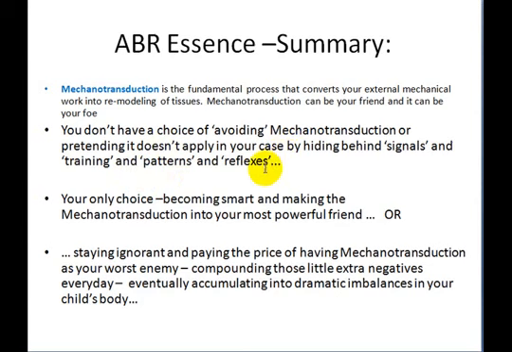Well, these are the electric aspects that exist, but it's apples and oranges. We talk about apples, right? If you want a better apple, you have to do something that improves apples. Don't hide behind oranges. So your only choice is becoming smart and making the mechanotransduction into your most powerful friend, or otherwise you have to face the music.